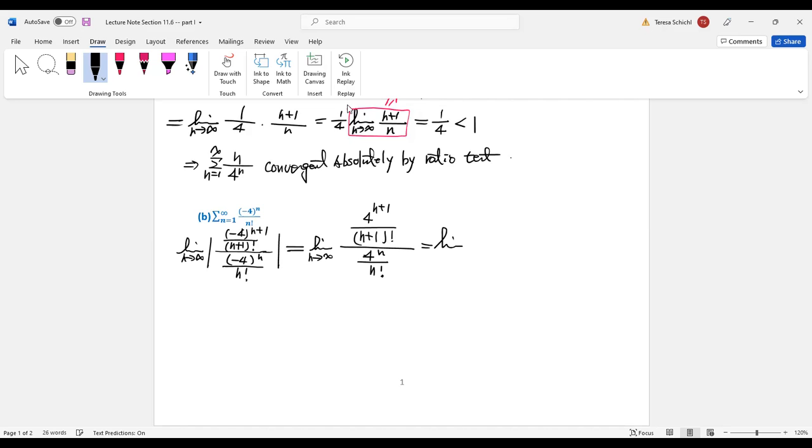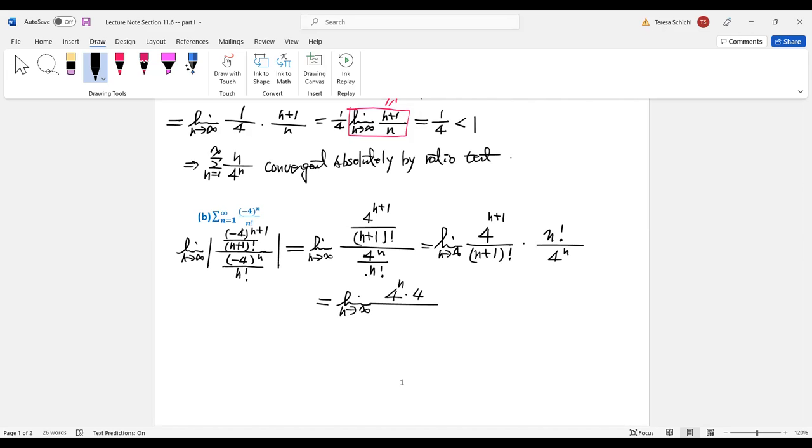So now I can flip it. This is 4 to the n plus 1 times 4 to the n and n factorial. The reason I mentioned a while ago is that the ratio test is extremely good for factorials. Take a look here. 4 to the n plus 1, I can say, is 4 to the n times 4.